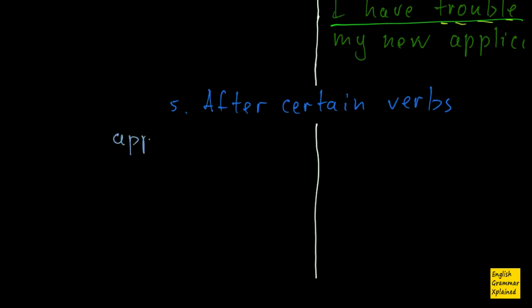So, I have to use infinitive after these verbs: appear, promise. I just write them from my memory, so that's quite a random list.